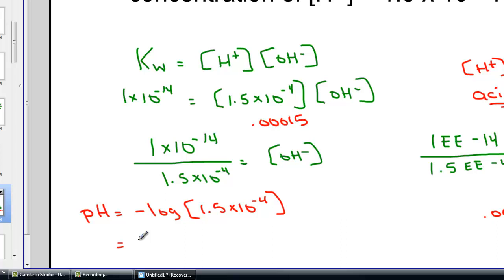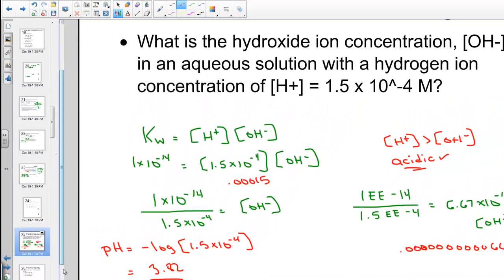You want LOG, negative log, and then inside that parenthesis, 1.5 E -4. Close your parenthesis on your calculator, and does your screen match mine? 3.82 pH units. And clearly that pH number is below 7, which makes sense because we predicted this solution to be acidic.